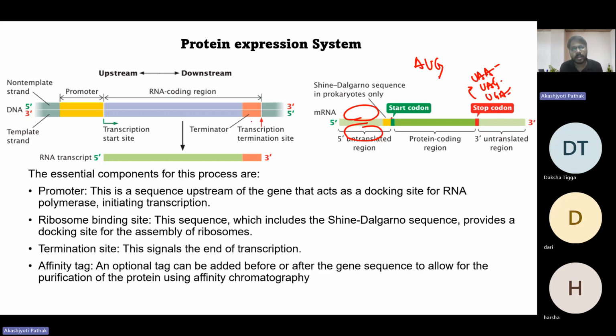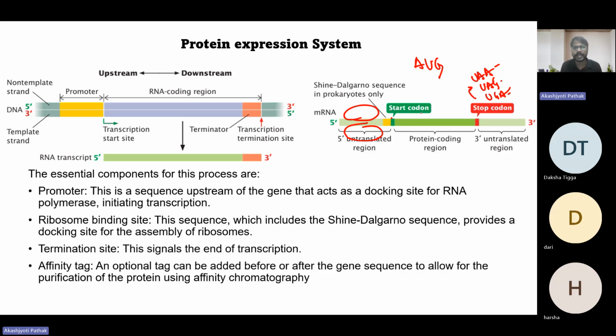So this is the basic knowledge of molecular biology that you need for understanding the constructs that we transfect into different host cells. What must be present in this construct? It must have a ribosomal binding site. It must have a promoter region. It must have a terminator site.